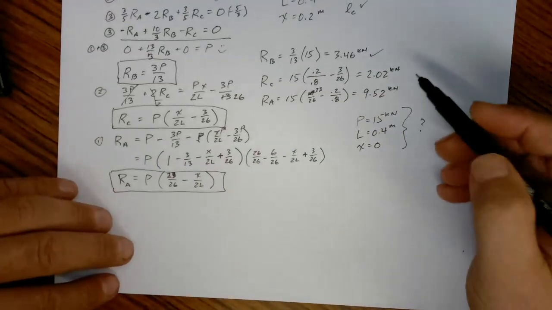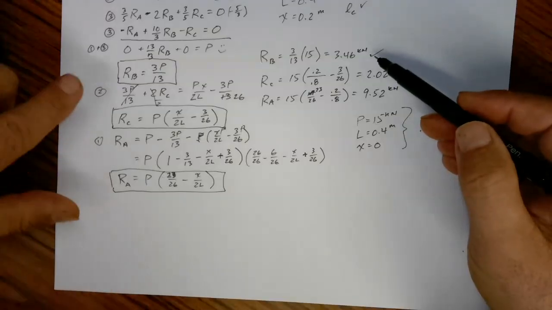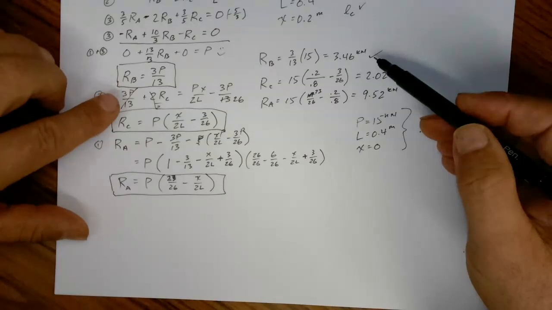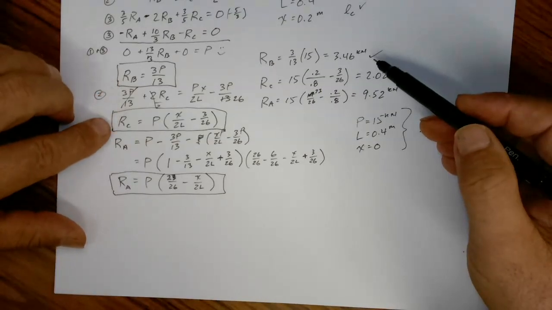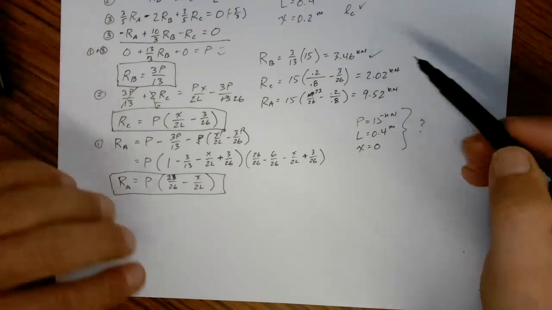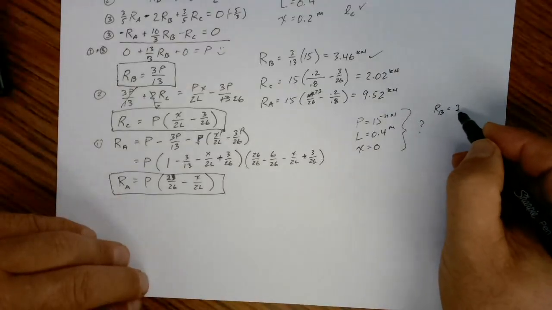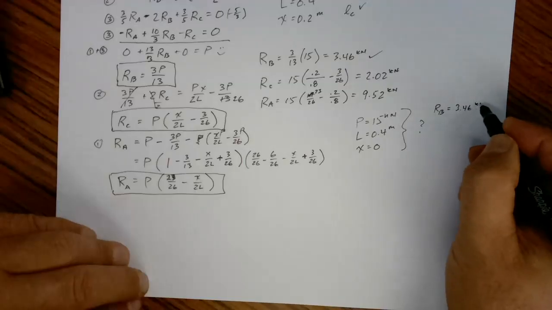What do we get? Well, RB doesn't change because it's not a function of P. And then RC becomes a negative. Let's write it. RB equals 3.46.